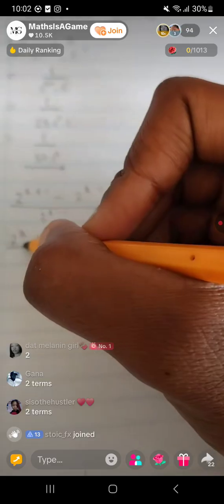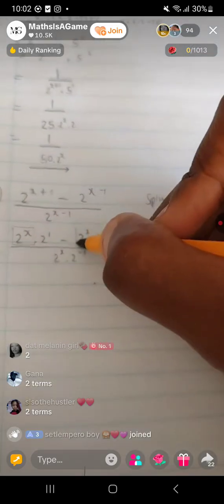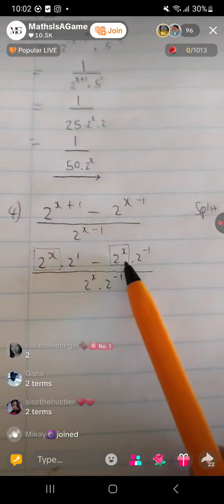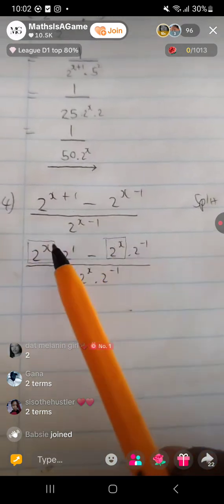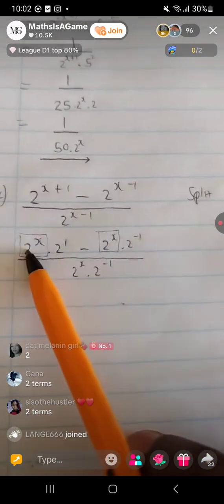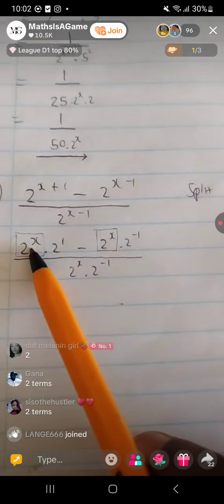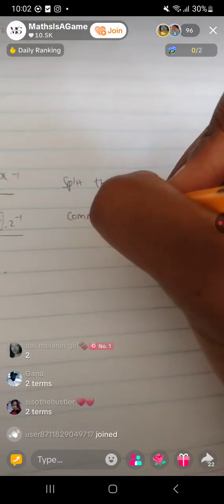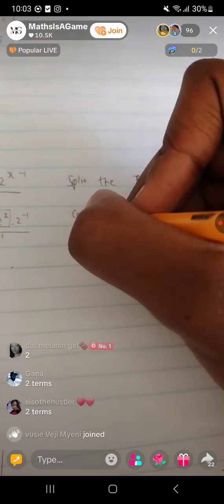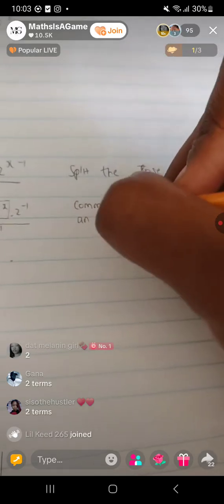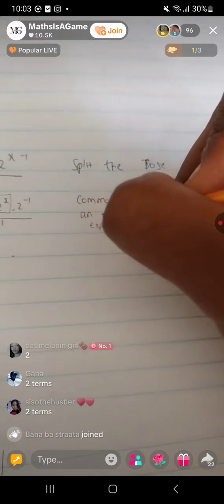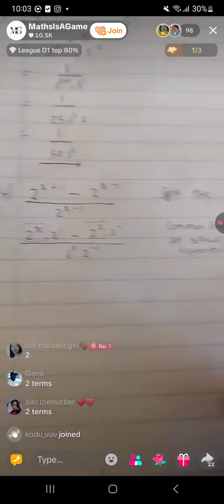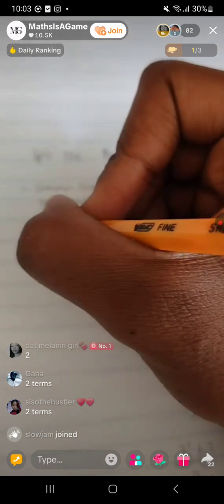Something we note very quickly is that in this particular situation, the numerator has 2 terms with the same common base with an unknown exponential variable, 2 to the power x. So that means factorize.